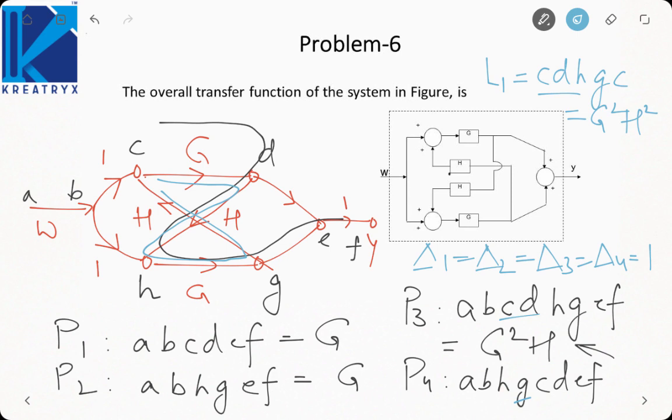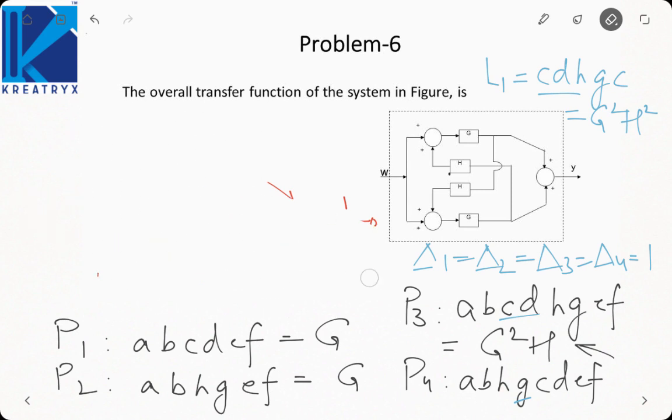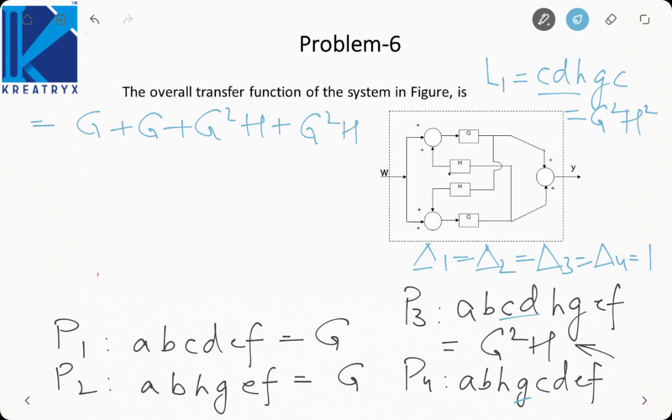So let us find out the gain. Gain would be sigma Pk delta k, that is P1 delta 1 G plus P2 delta 2 G plus P3 delta 3 G square H plus P4 delta 4 G square H over 1 minus loop gain, that is G square H square.